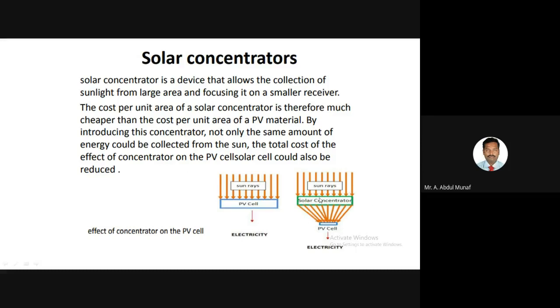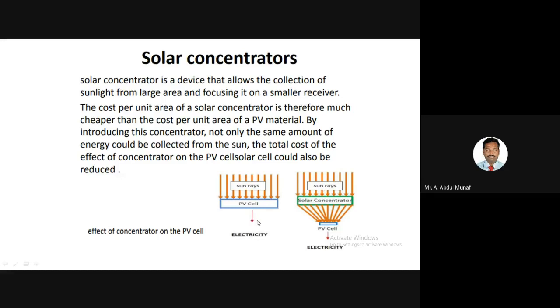If you are not having this solar concentrator, the rays will fall directly over the PV cell. Then the size of the PV cell is more, but here, with the same efficiency, we can get the same electricity.